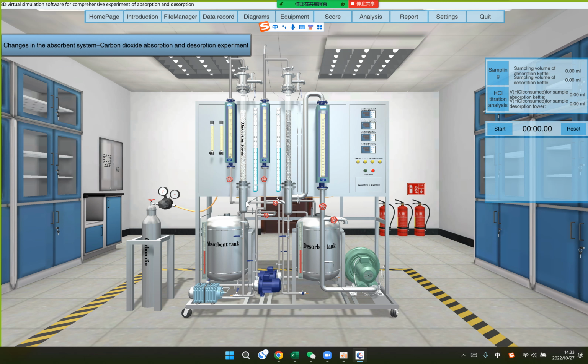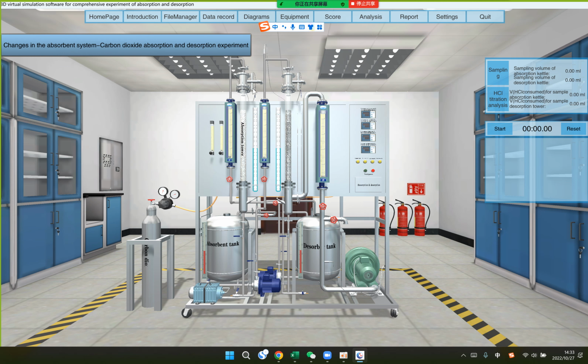The concentration of the carbon dioxide in the liquid we cannot know. However, we can measure it later. From the top of the absorption tower, there will be pure water, so the carbon dioxide in the liquid is zero, and also there will be exhausted gas containing some concentration of carbon dioxide.